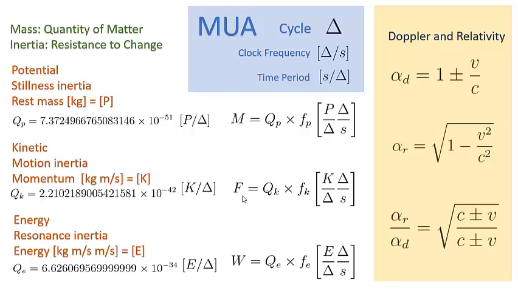And of course, because this is a frequency, relativity can be applied to this, but I'm going to save that for another video. So I hope this makes sense, and this finishes off how these parameters can be used to make real-life calculations that are very, very accurate.